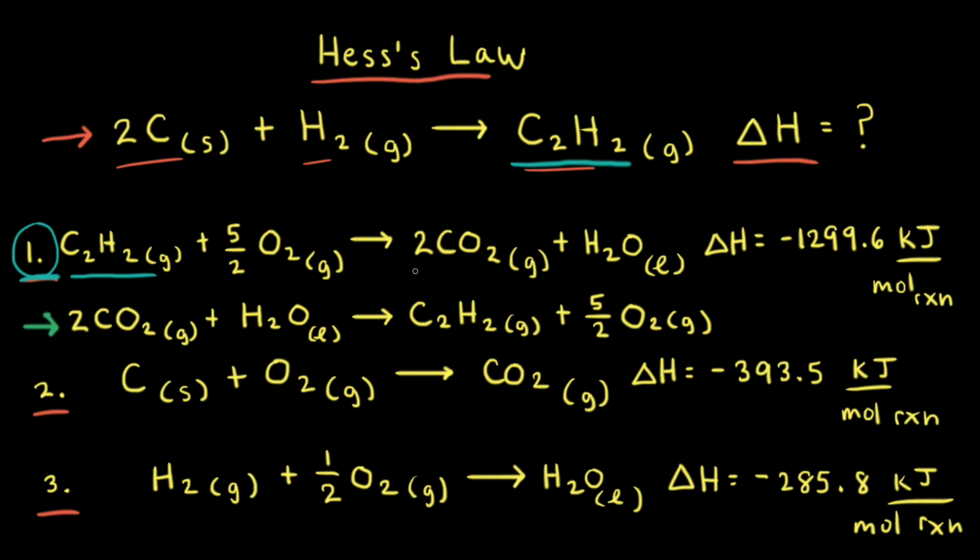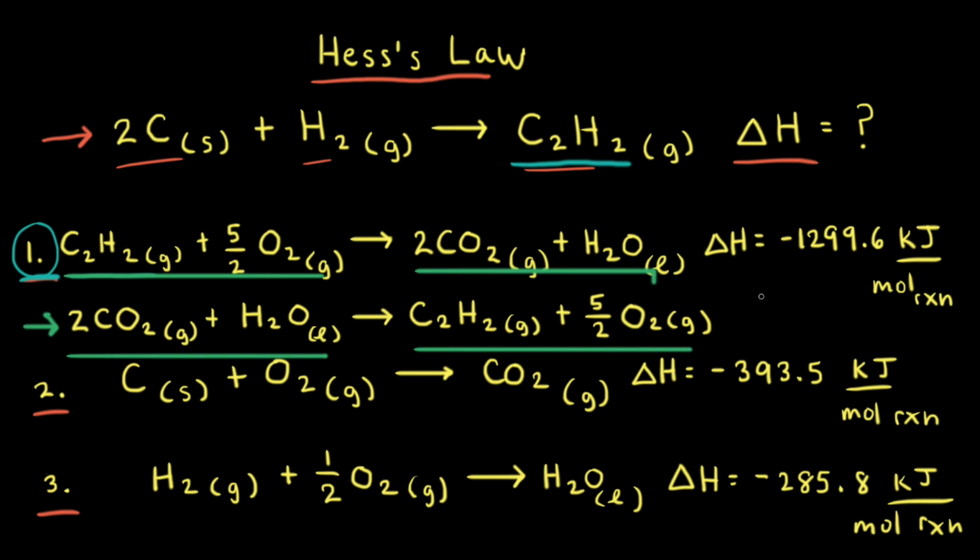Looking at the original equation for equation 1, here were the products, and now we've made those products the reactants, and what were the reactants over here for equation 1 have now become the products. The change in enthalpy for equation 1 is negative 1,299.6 kilojoules per mole of reaction.